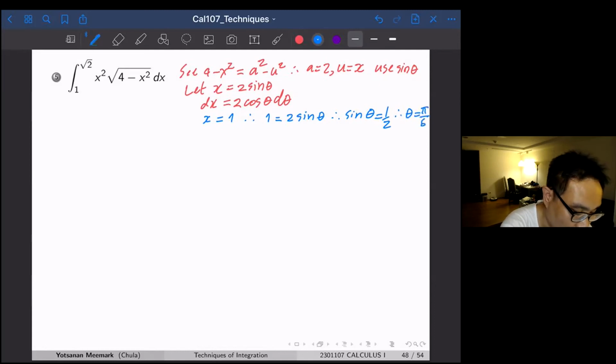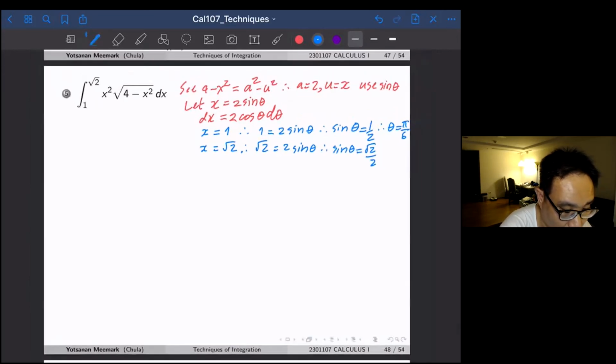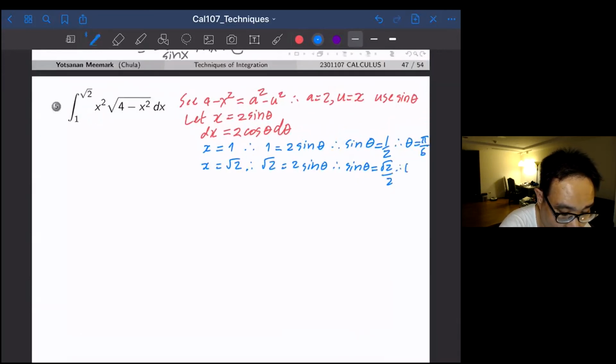And when x equals root 2, you have root 2 equal to 2 sine theta, so sine theta equals root 2 over 2, and theta equals pi over 4.